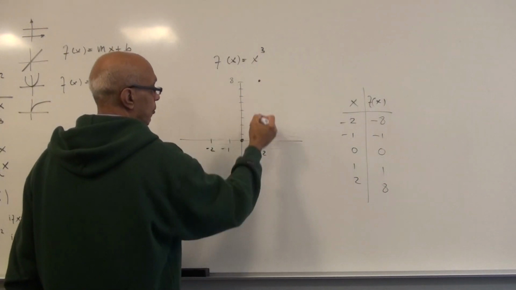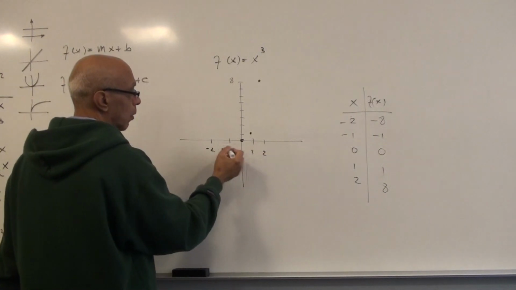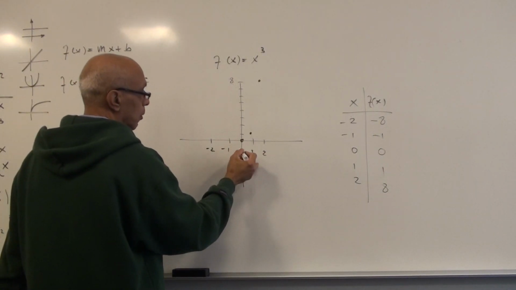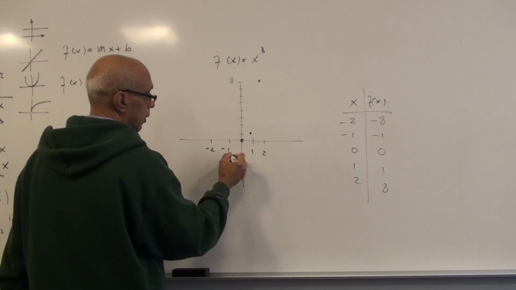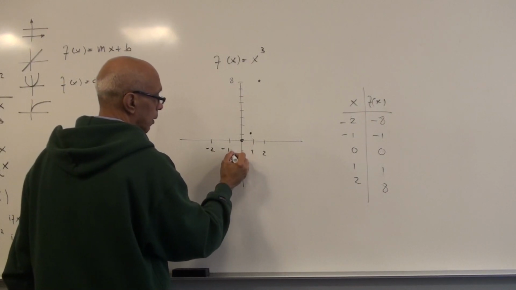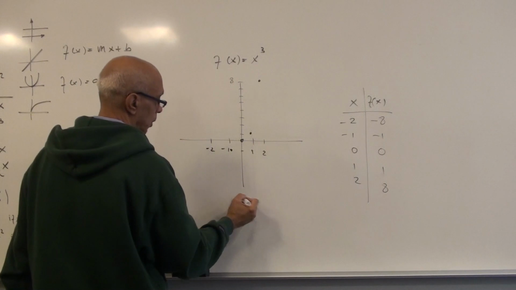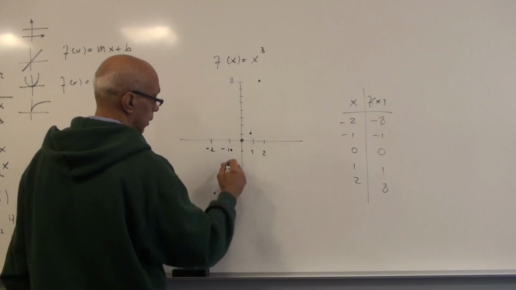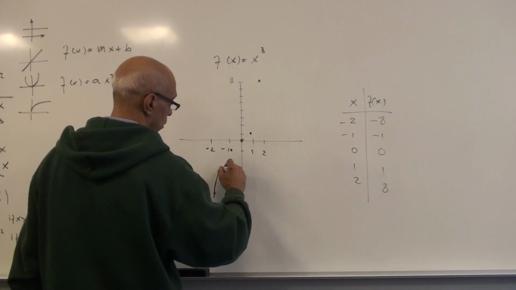Right here, it's going up very fast, but on the negative side, it's going to be just the opposite. When it's -1 it's going to be -1, and then -2 is going to be -8, somewhere here.